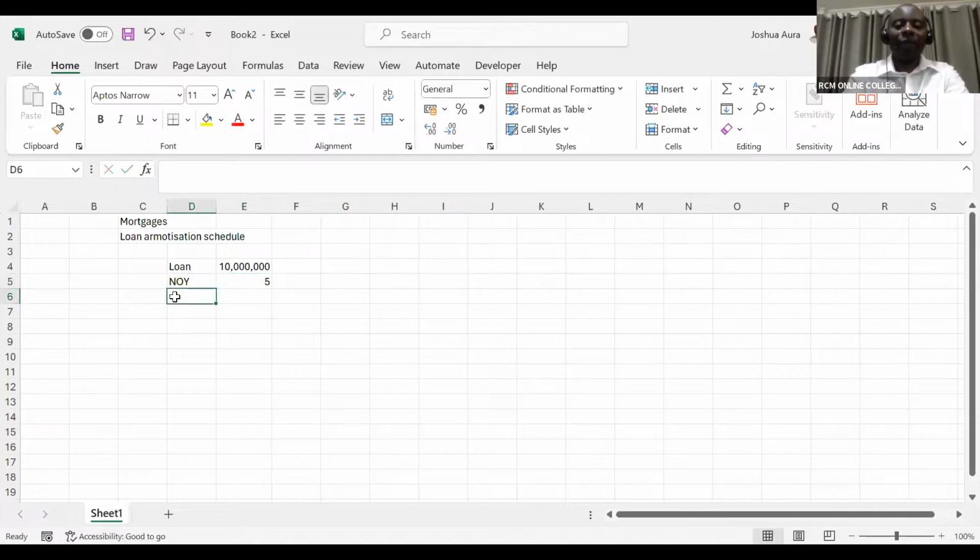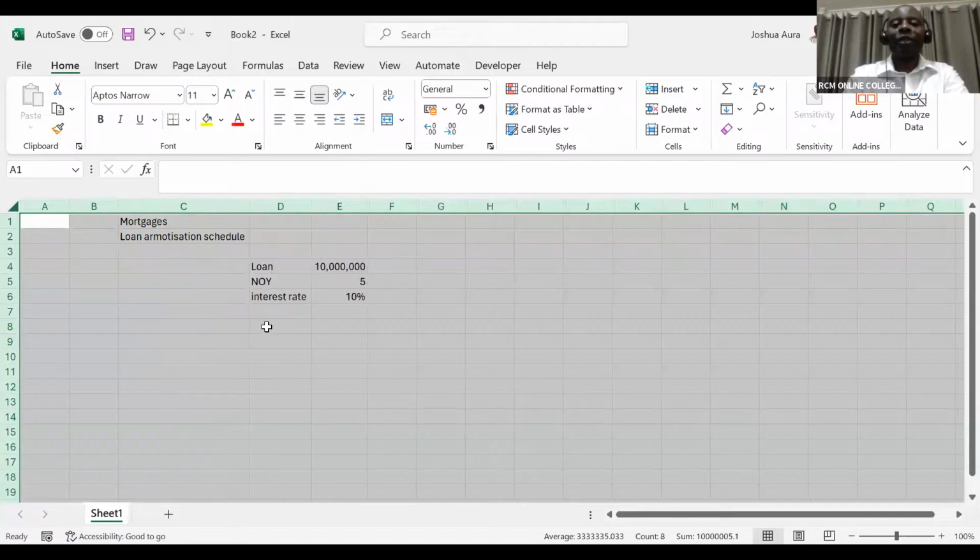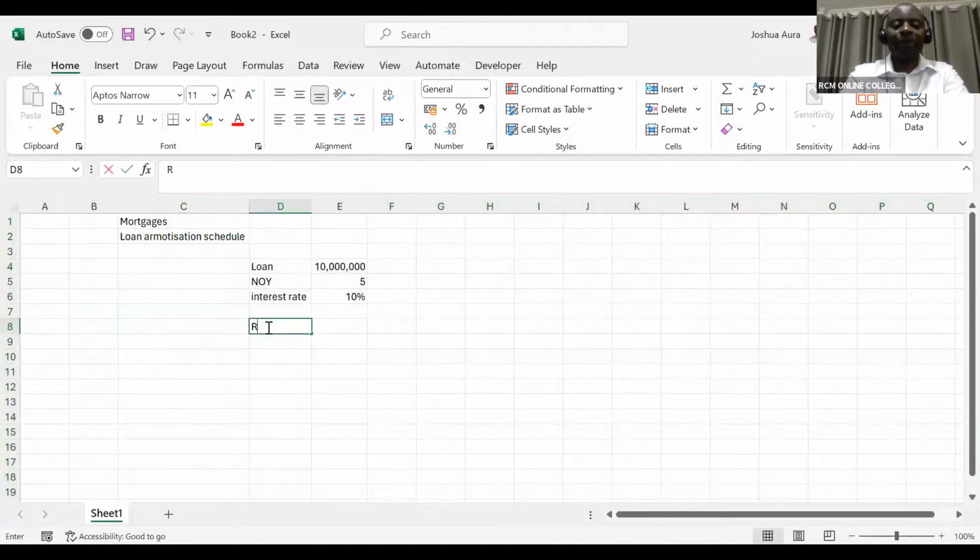And then since it's a mortgage, they have given us the rate of interest. Interest rate, we have here 10%. The company has negotiated, remember, 10%. So then you're required here to come and give us a loan amortization schedule.